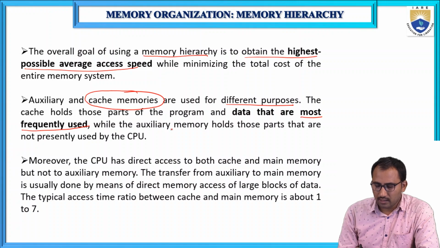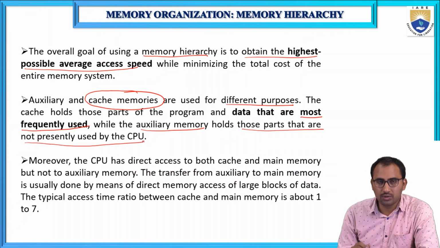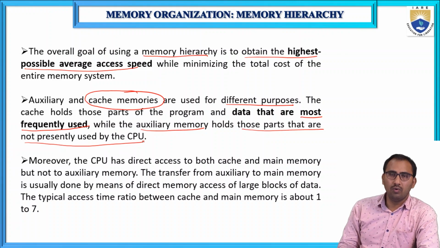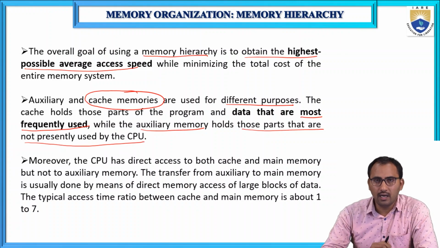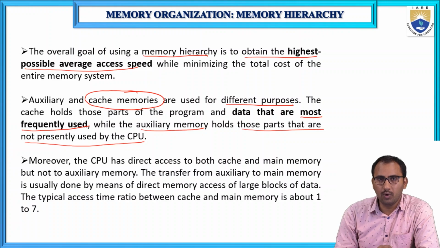The auxiliary memory holds those parts that are not presently used by the CPU. Only the data needed by the CPU will reside in the main memory, and the programs and data not needed by the CPU will be stored in the auxiliary memory.